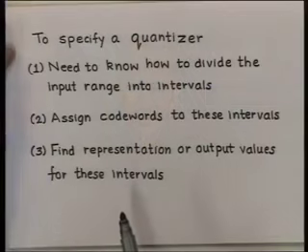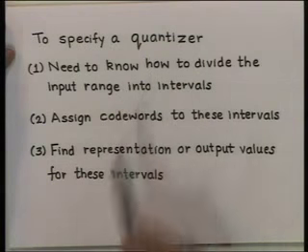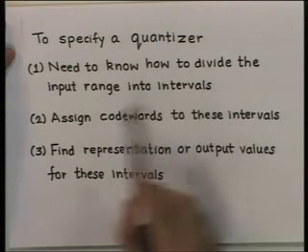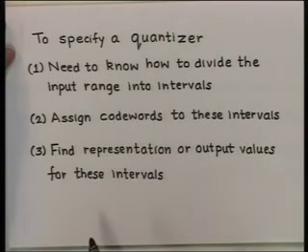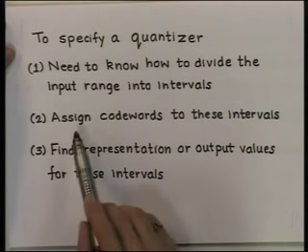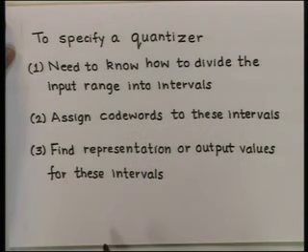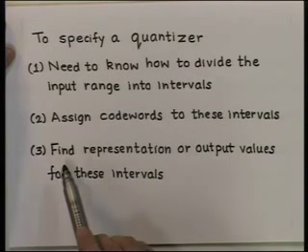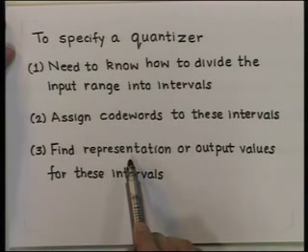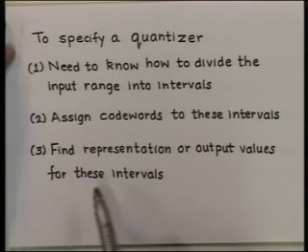In summary, to specify a quantizer, we need to know how to divide the input range into intervals, then assign code words to these intervals, and finally find representation or output values for these intervals.